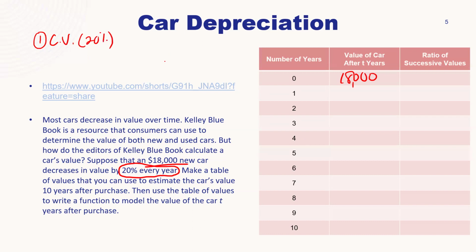That's how much I have depreciated. Does that make sense? So this would be what I have depreciated by. Now, the value of my car is going to be different. The value of my car is going to equal its CV minus the depreciation. Does that make sense?